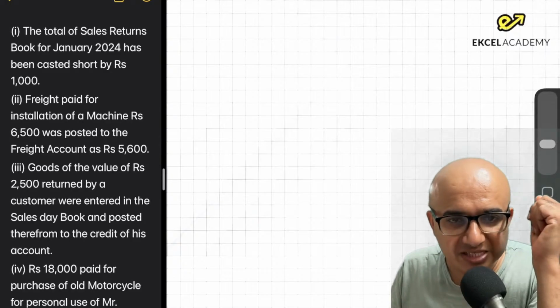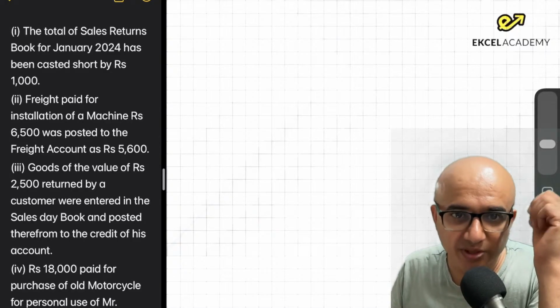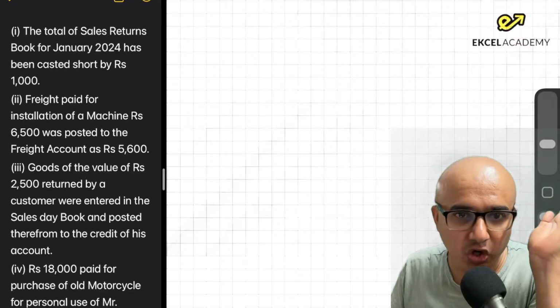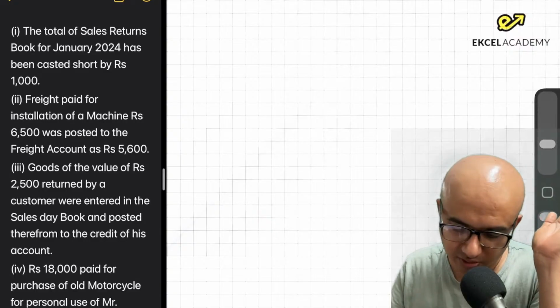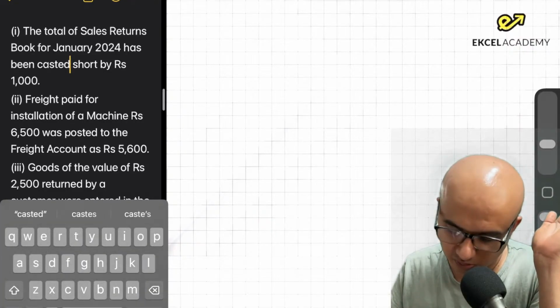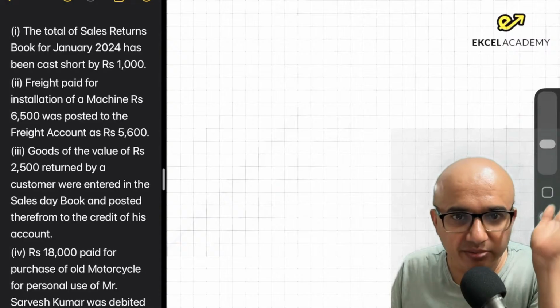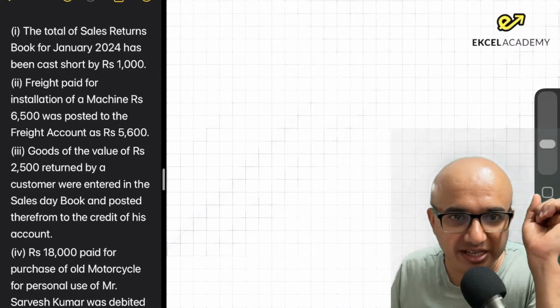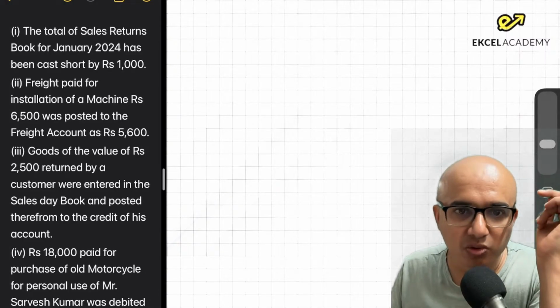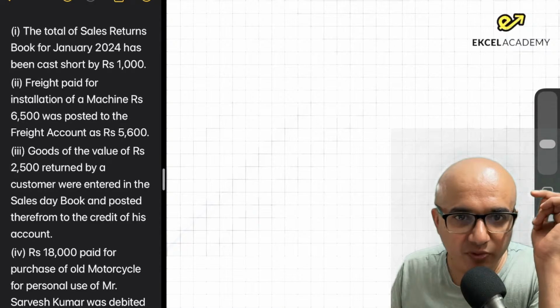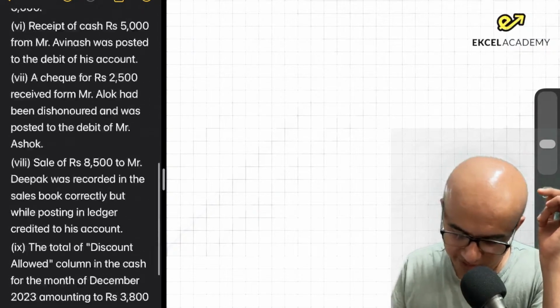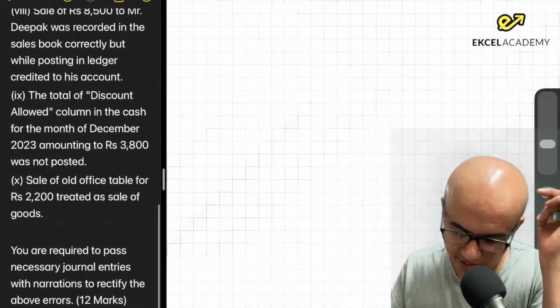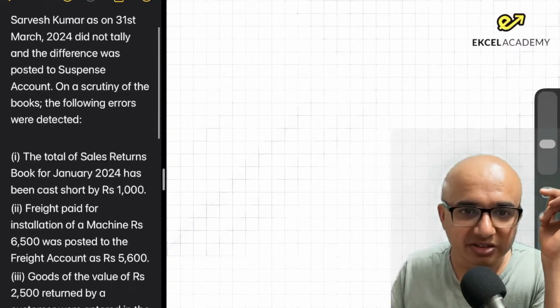The total of sales returns book for Jan 2024 has been cast short by rupees 1000. So there is a shortage in the sales returns book by rupees 1000. Then freight paid for... okay, we'll look into each of these one by one. This was asked for 12 marks in CA Foundation.